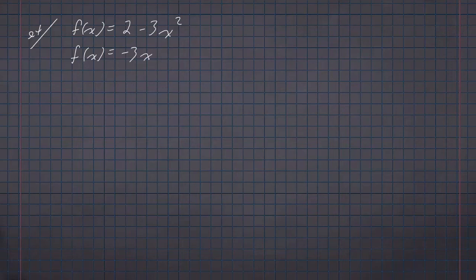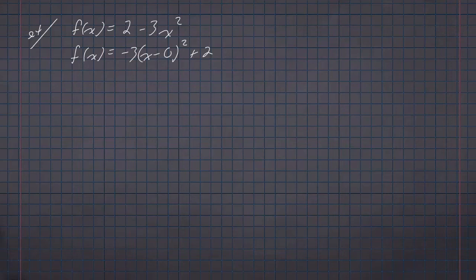This time, how about f of x is 2 minus 3x squared. Written not quite in the standard form, but we can rearrange the expression a little bit. It's negative 3 times x minus 0 squared plus 2.